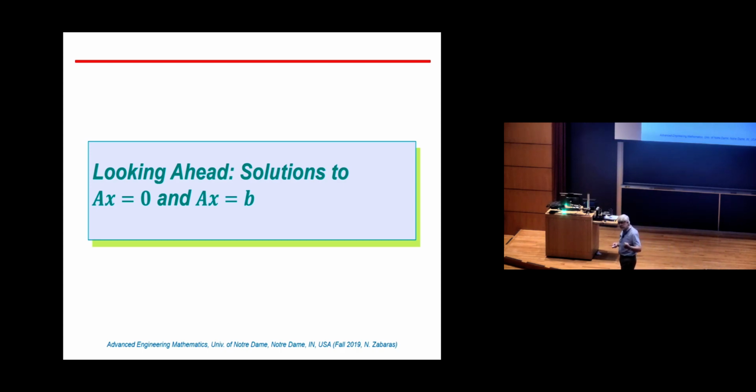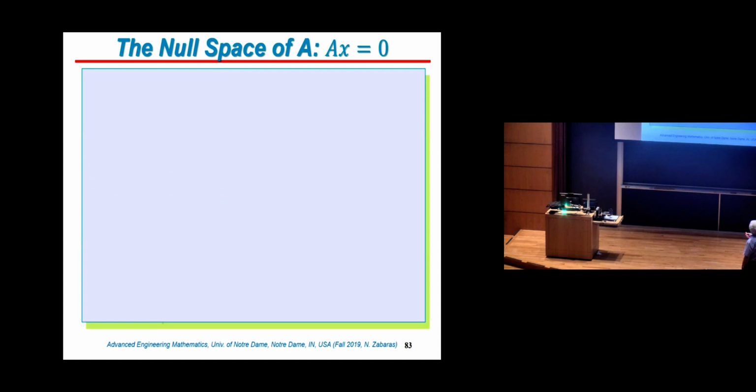And AX equal to 0 defines which space? How do we call it? The null space. So we need to find the vectors that are solutions to the null space. And in principle, we need to find the basis of the null space, right?